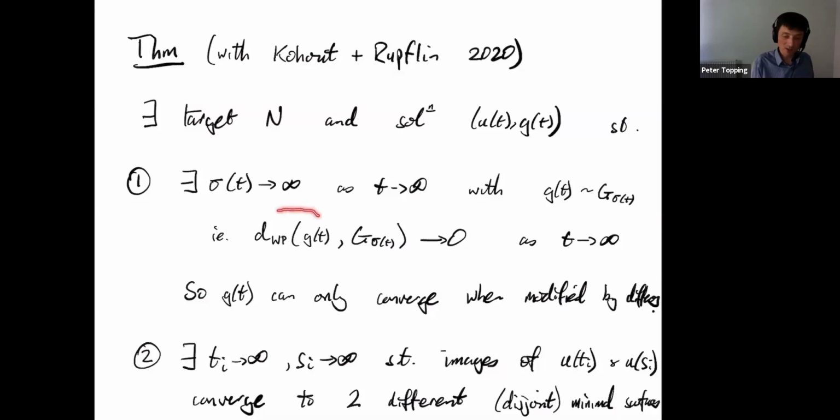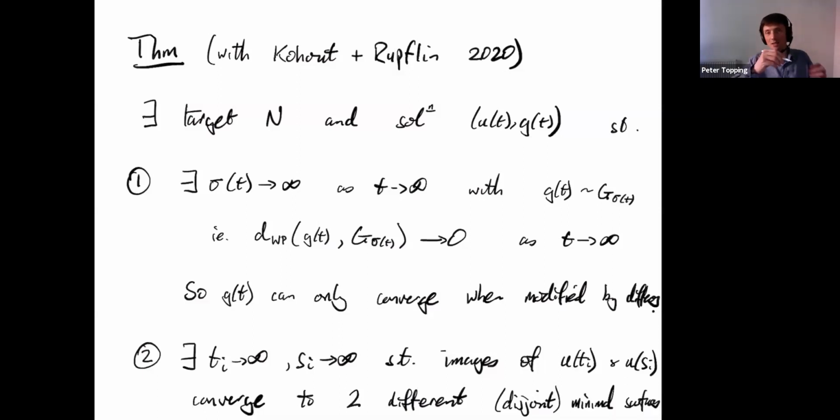The point is that the distance between the actual solution G of T and the prescribed thing, as long as you go at the right speed, is going to 0. This distance is the Weil-Petersson distance, and it's essentially the hyperbolic distance if you think in terms of the A's and the B's from a couple of slides ago.